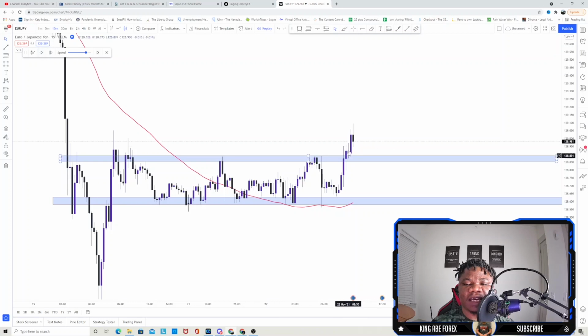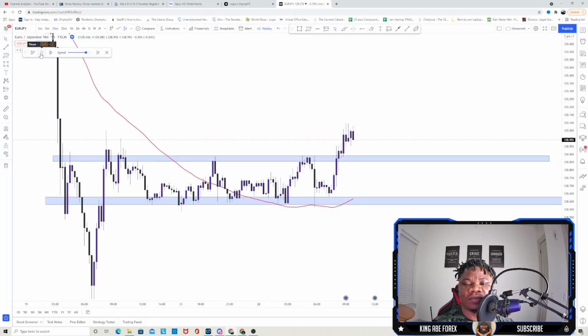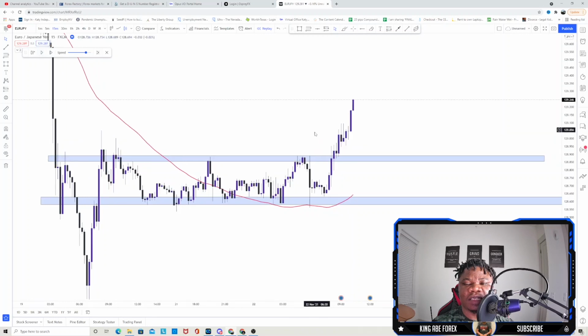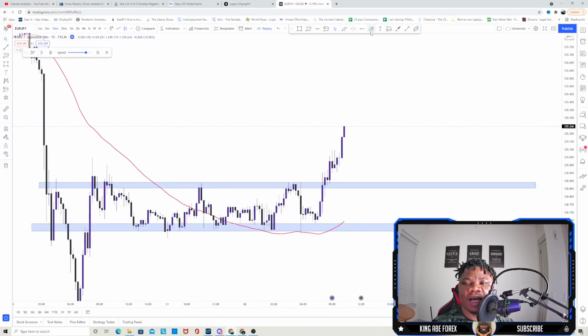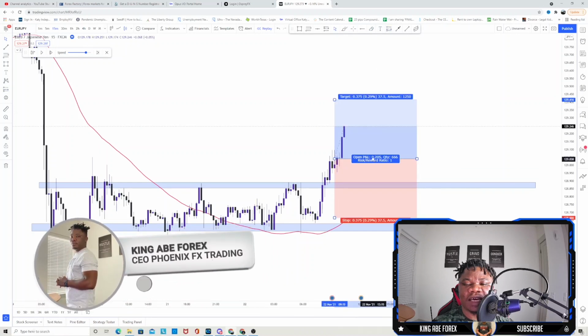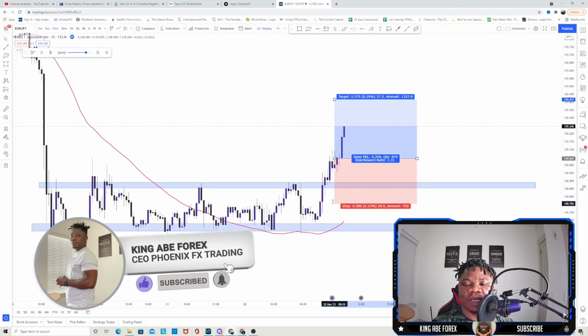So right here we had the break right over here at this bullish candle. Now we're just waiting to see a bullish candle go above this zone right over here, then we can get in our trade. So now we can have our entry right over here, right at this bullish candle, and remember we have our stop loss.